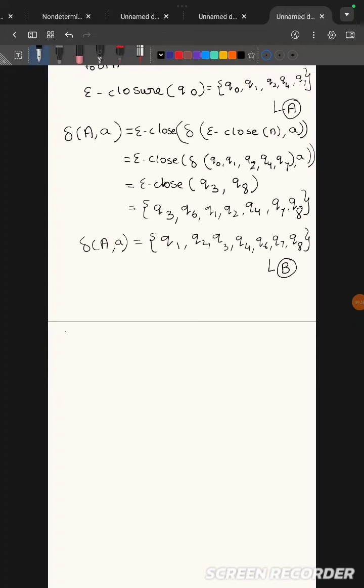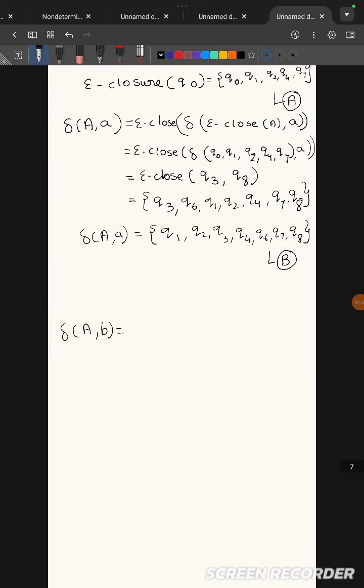Now similarly we have to find the transition on A for small letter b. How will we find that? Epsilon closure, transition, epsilon closure on A. Sorry, we are finding for B, right?